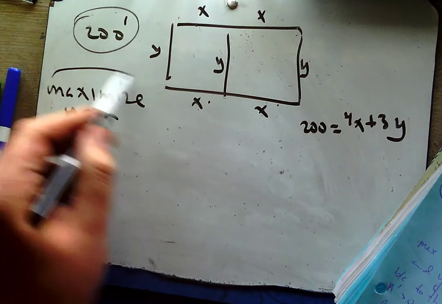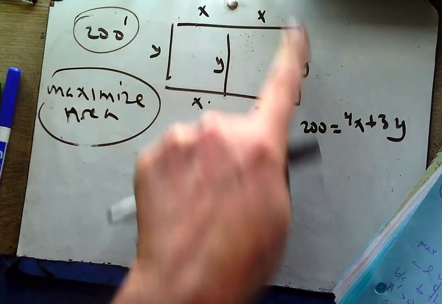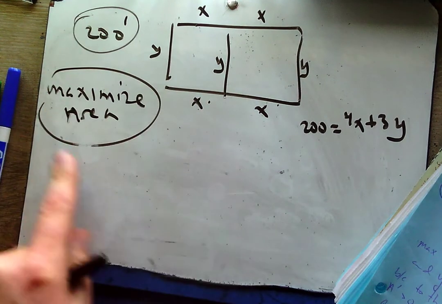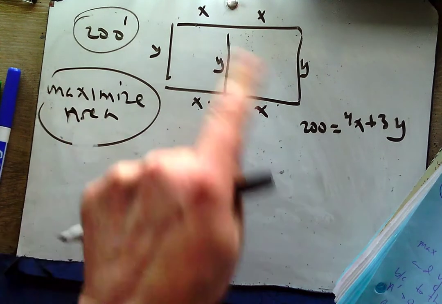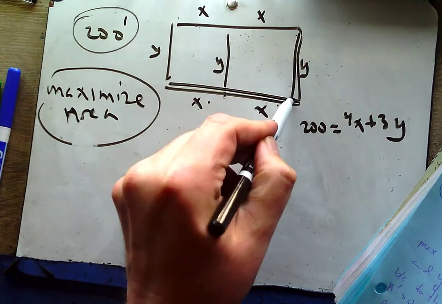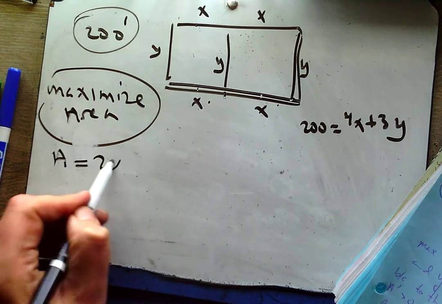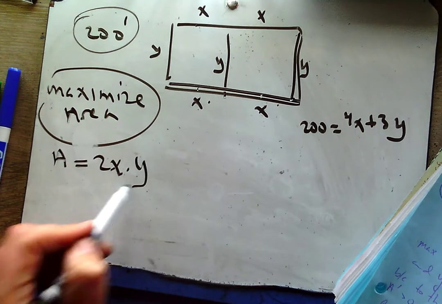But what we're trying to maximize is area, not perimeter. So what's the area formula for this rectangle? Length times width. Well, the length is x plus x, or 2x, and the width is y.